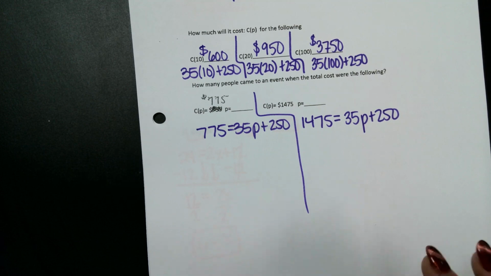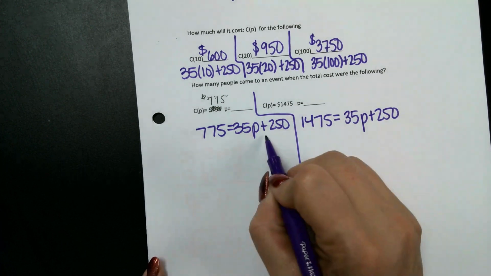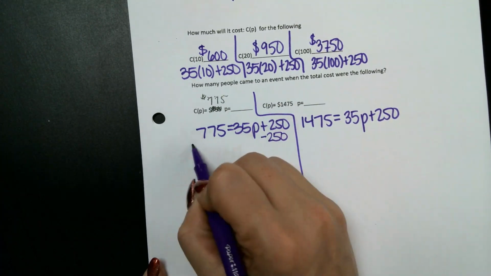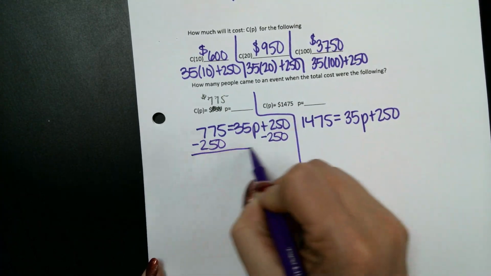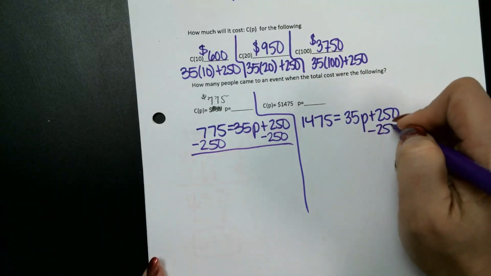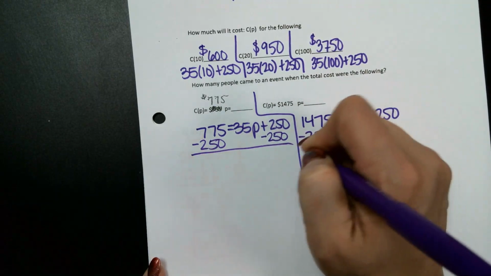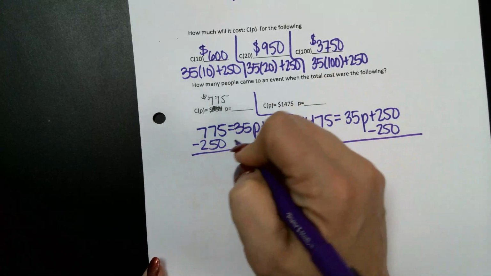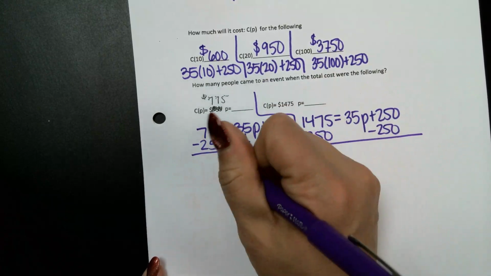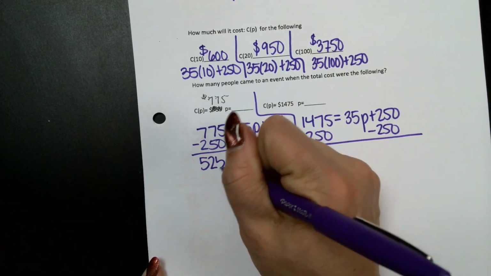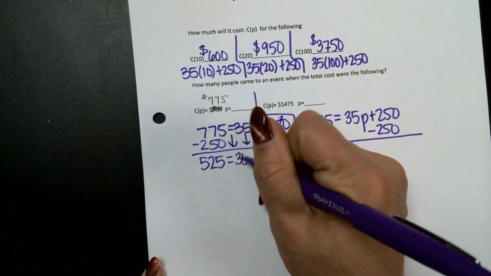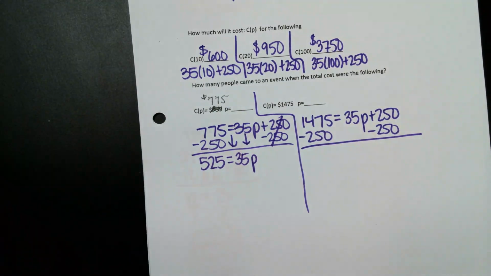So for both of those, what's the first step to solving them? Subtract the 250. Yep, that's what we're going to do first. So we would have 525 equals 35p. And then what do we do to finish that up?